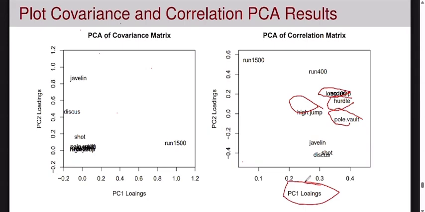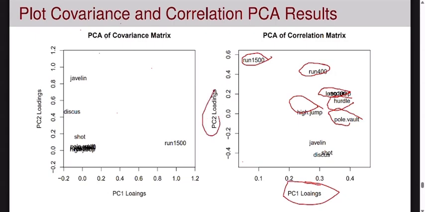Does that make sense? So we've been able to partition the set of variables into two. Some that load more on a particular PC will be known for that PC, and some load more on the other PC. So as I'm saying here, they load more on PC1, and this guy here and this guy here load more on PC2.